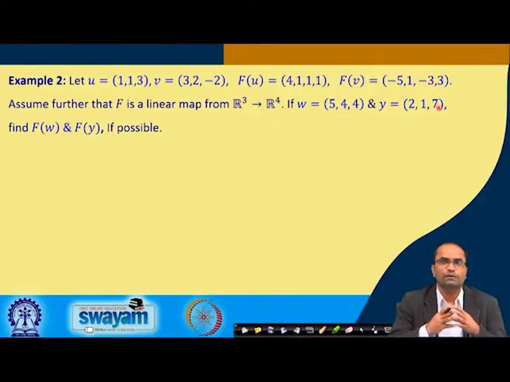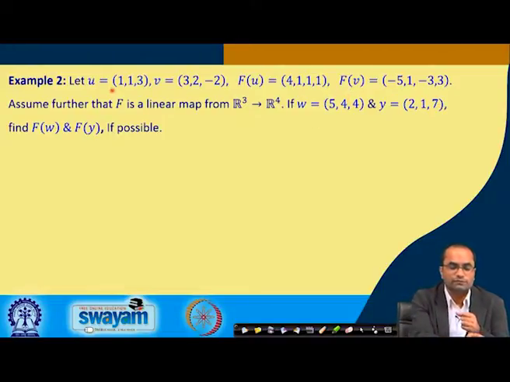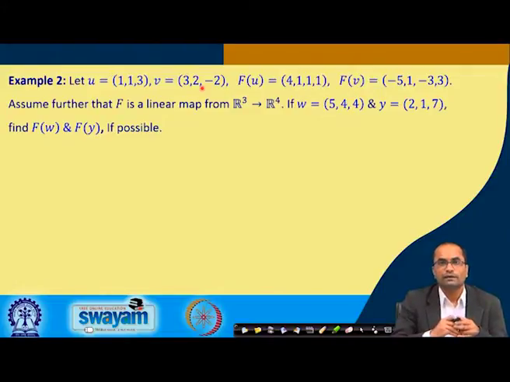So, what do we know about the linear map? The additive property, that f(u + v) is equal to f(u) + f(v). So, what we can think here is that if we can write w in terms of u and v, if we can write (5, 4, 4) in terms of the vectors u and v, then we can find out f(w).